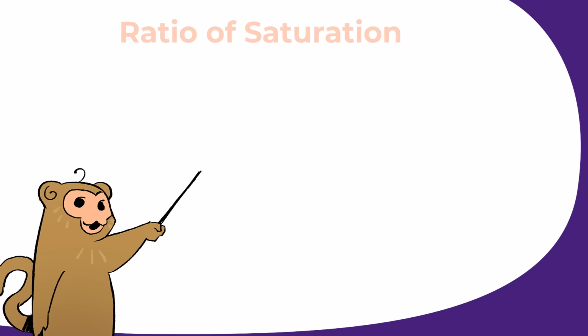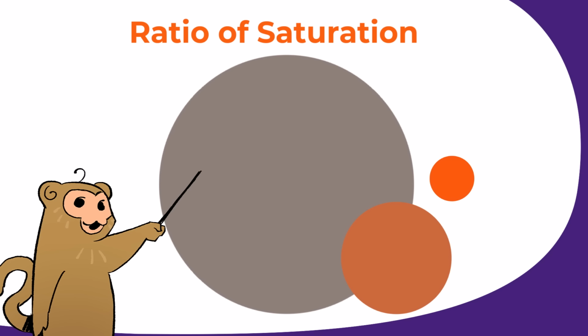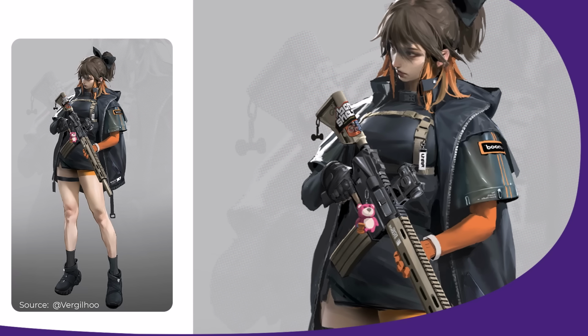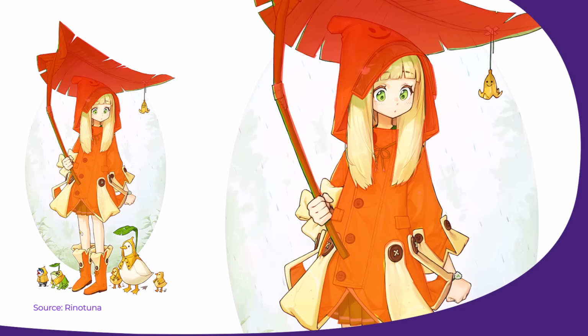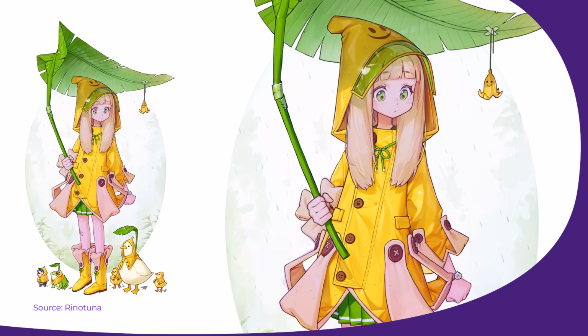Another ratio we should consider are the ratios of saturation, and there's lots to play with here. This one is by Virgil Hu, which is mostly desaturated with small spots of high saturation, while this one by Rhino Tuna is mostly saturated with soft breaks and color harmony.